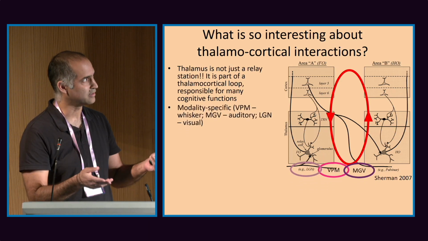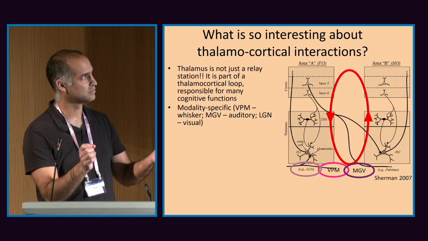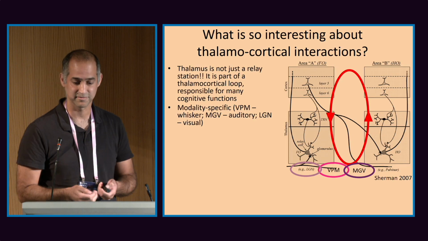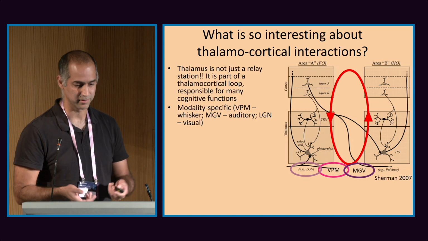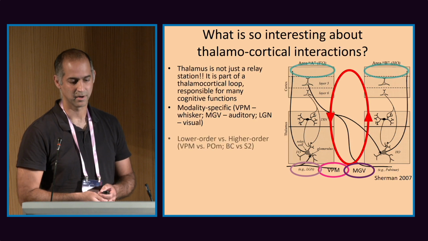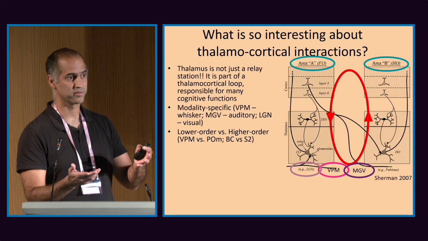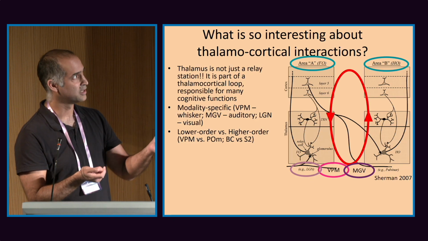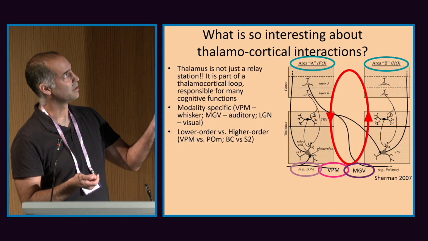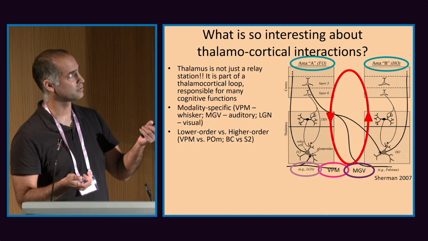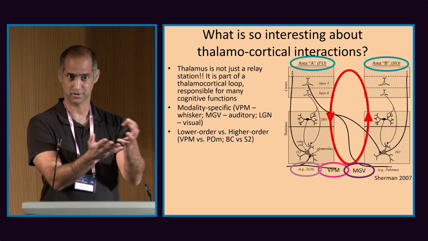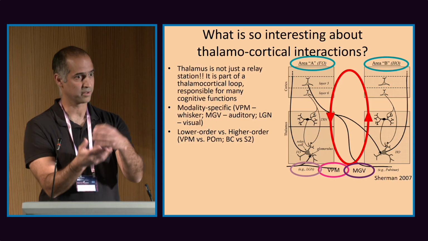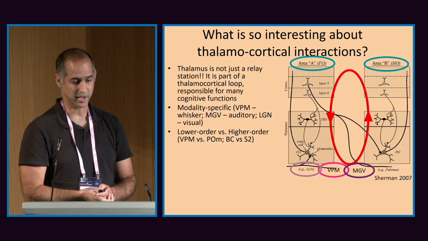Also, classically, thalamus is divided into different modalities: visual, auditory, whisker in mice. Also, we know there are higher order and lower order areas. For example, for whiskers, in thalamus there is VPM and POM, that's lower and higher order. In cortex also, right? There is barrel cortex, S2, other areas that seem to be maybe higher.